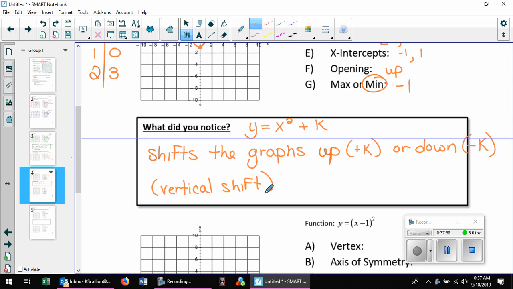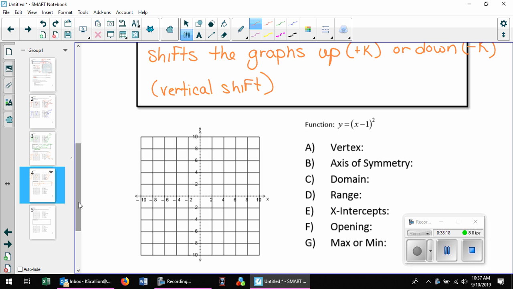So if it's a positive k, it's going to move it up. If it's subtracting by k, it's going to move it down. That makes sense to everybody? Okay, perfect. We've got 3 graphs left to go, and I think we can do this.